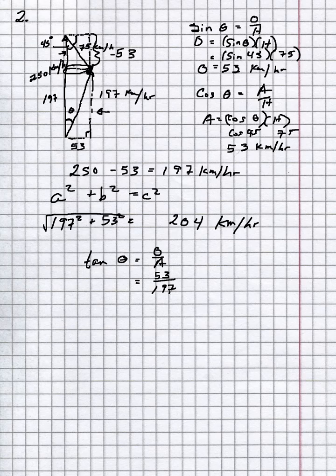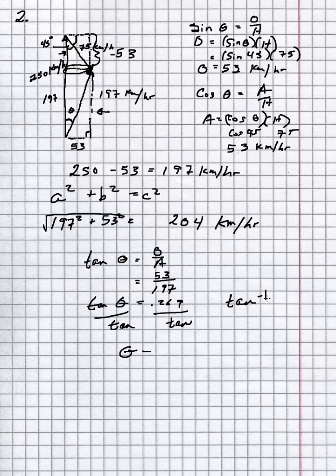53 divided by 197 gives me 0.269035. Let's round this off. I can find the arctangent of that to give me the theta in degrees. So I divide by tangent; remember, this is this key.